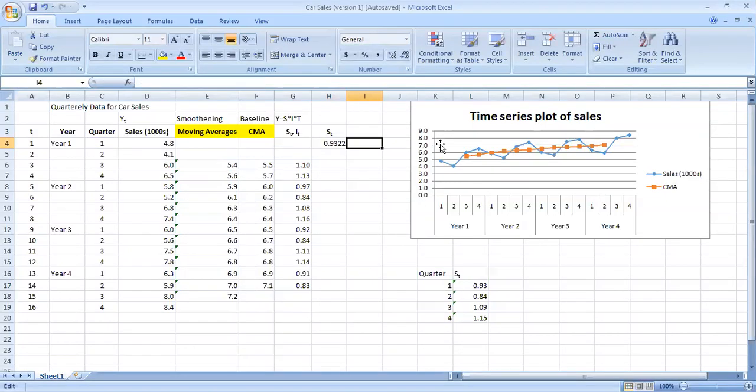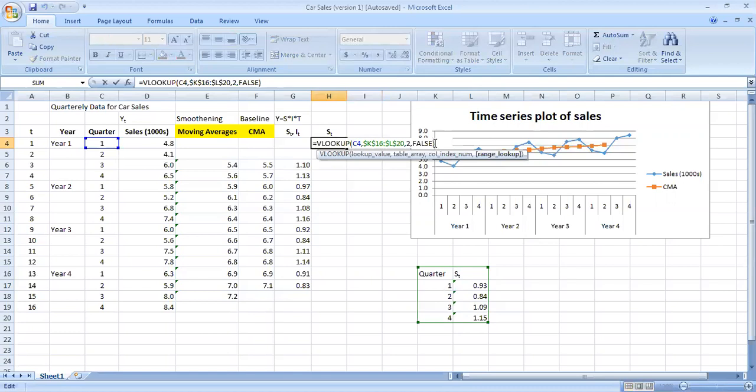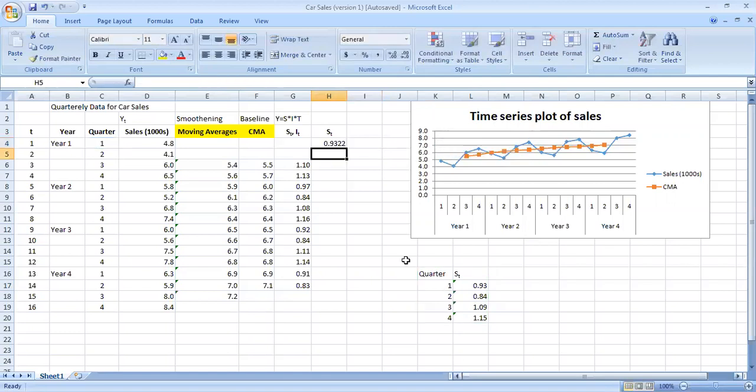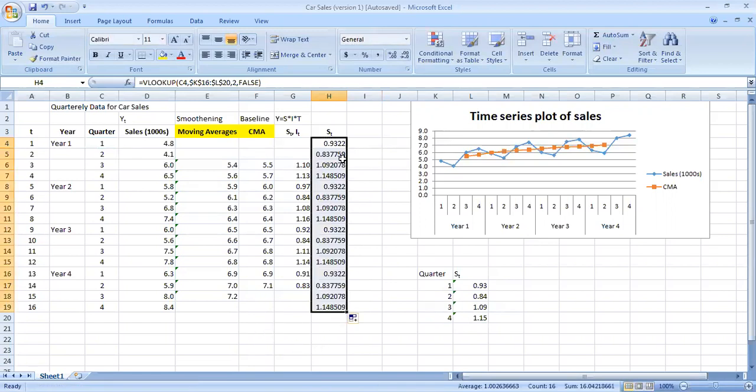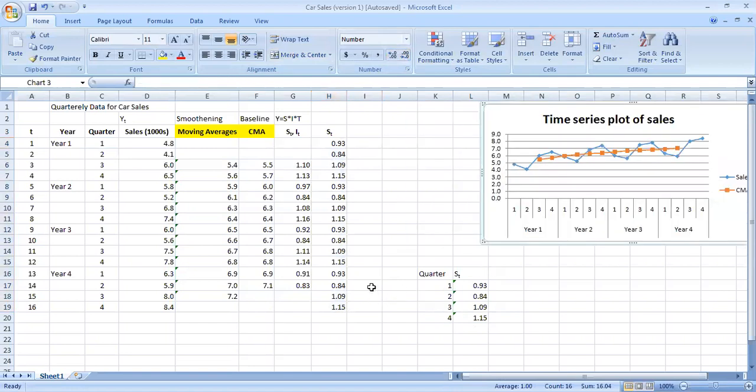Check and look at here, see, you are getting the same value that you have got here. So drag it down. Here we again take it as 2 decimal points, because here also we have taken it as 2 decimal points. So I hope it's clear for you.